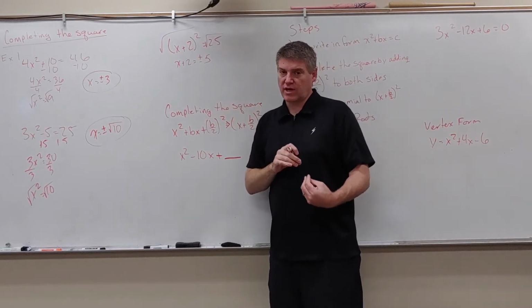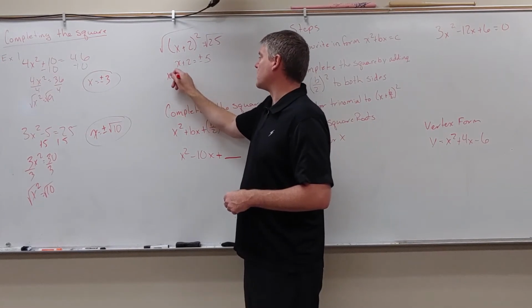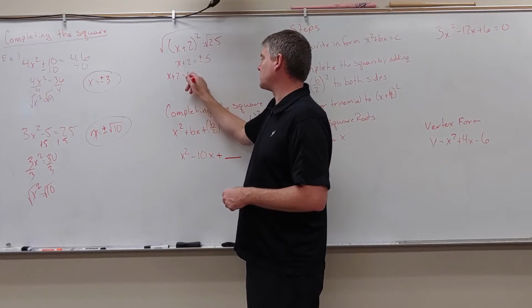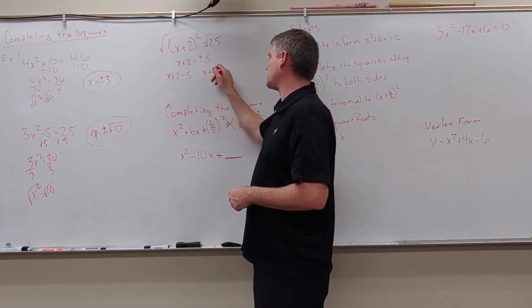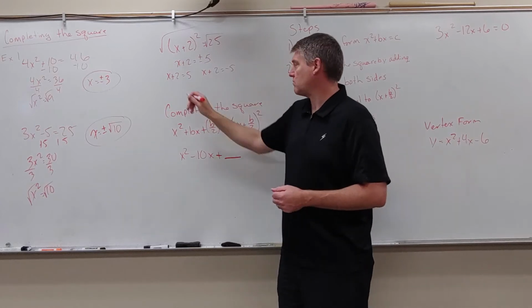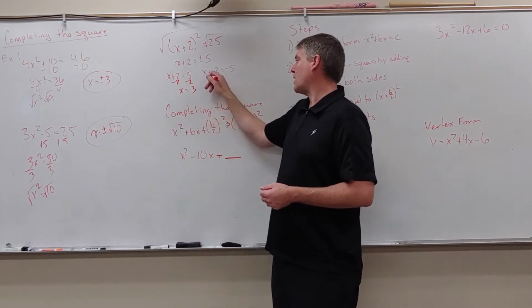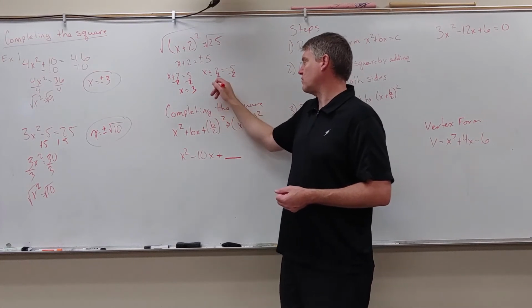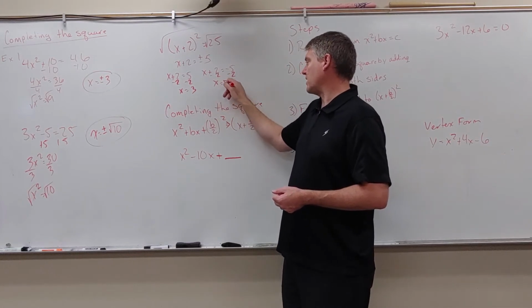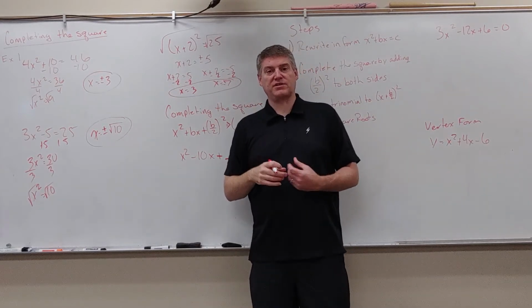So make sure you do both sides. What this is really saying is x plus 2 equals 5 and x plus 2 equals negative 5. And now I have to solve those. I'm going to subtract off 2, x equals 3. I'm going to subtract off 2, and x equals negative 7. So there's my two answers, 3 and negative 7.